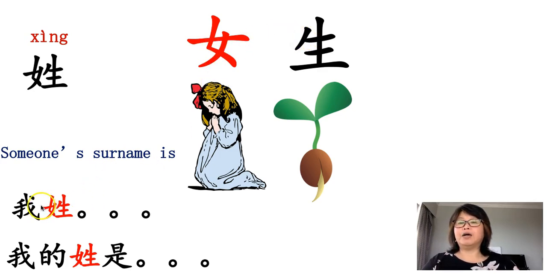Now put this into a context. 我姓陈. My surname is Chen, but in Chinese, 姓 is a verb, or we can use it as a noun as well. 我的姓是陈. My surname is Chen.